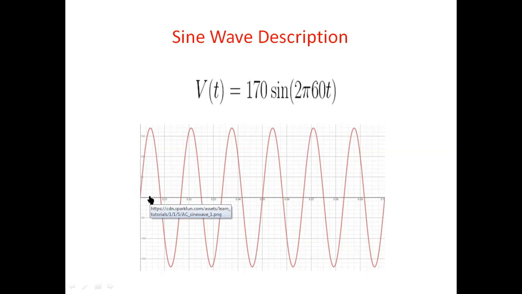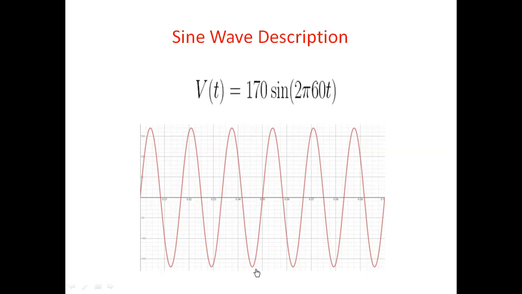The voltage rises up to plus 170 volts and down to minus 170 volts periodically. Alternately, it goes to plus 170 and on the downside to negative 170 volts.